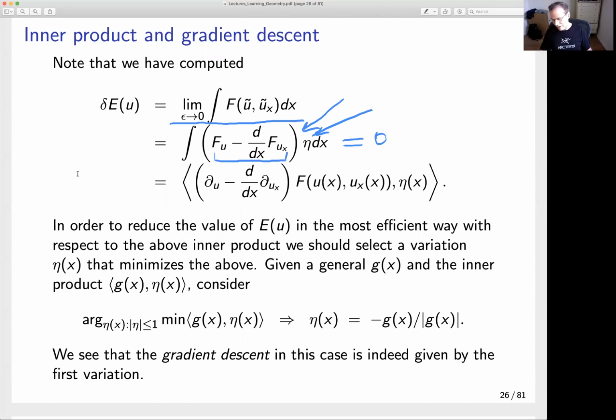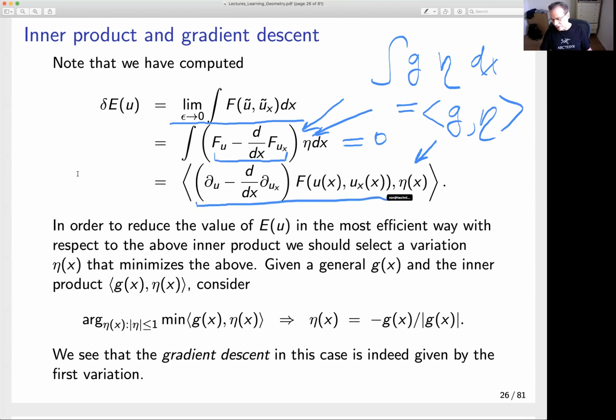But let's look at it from another perspective. What I'm basically doing is asking, for each and every eta, what would be the inner product, because what is going on here is integration of eta times some other function, let's call it g, dx. And this is nothing but the definition of the inner product between g and eta.